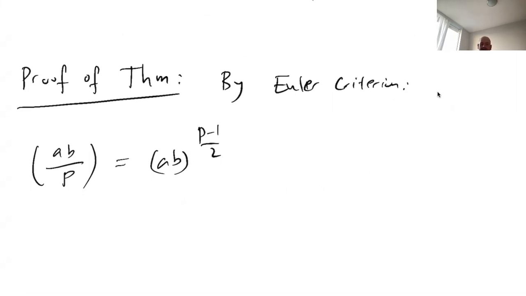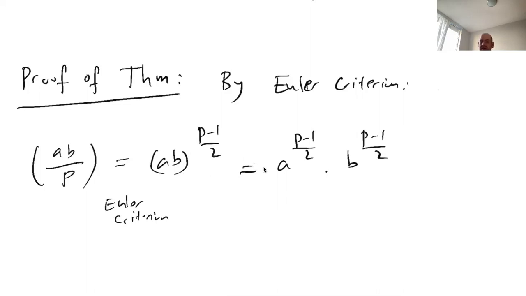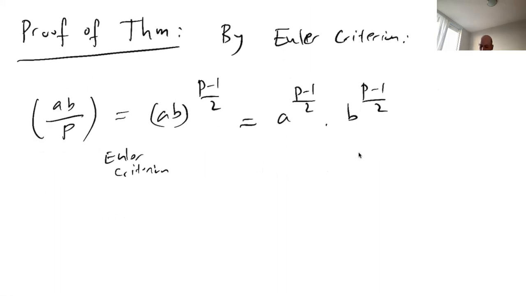Now my A here is AB. So AB to the power (P-1)/2, and this is the same as A to the power (P-1)/2 times B to the power (P-1)/2. So here we used Euler criterion, but from here to here it is just the properties of powers, like xy to the power t is x to the power t times y to the power t. So this part is obvious.